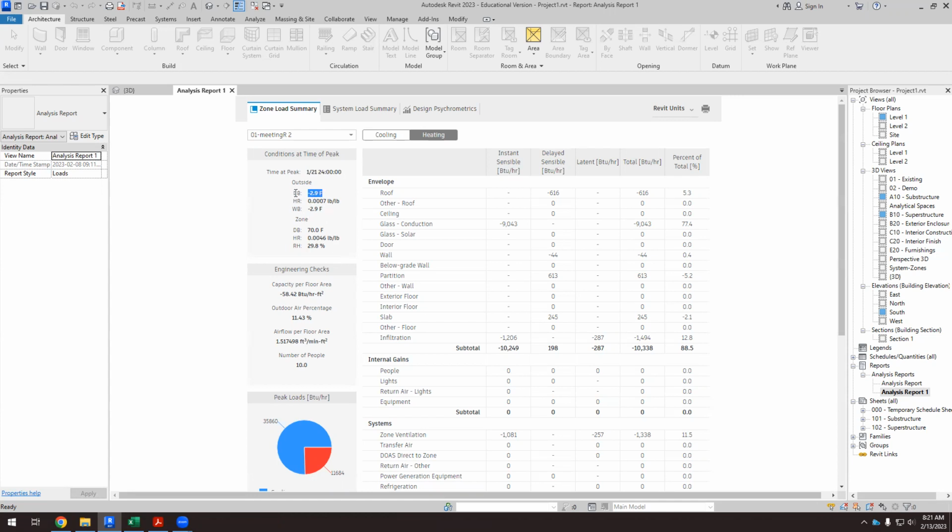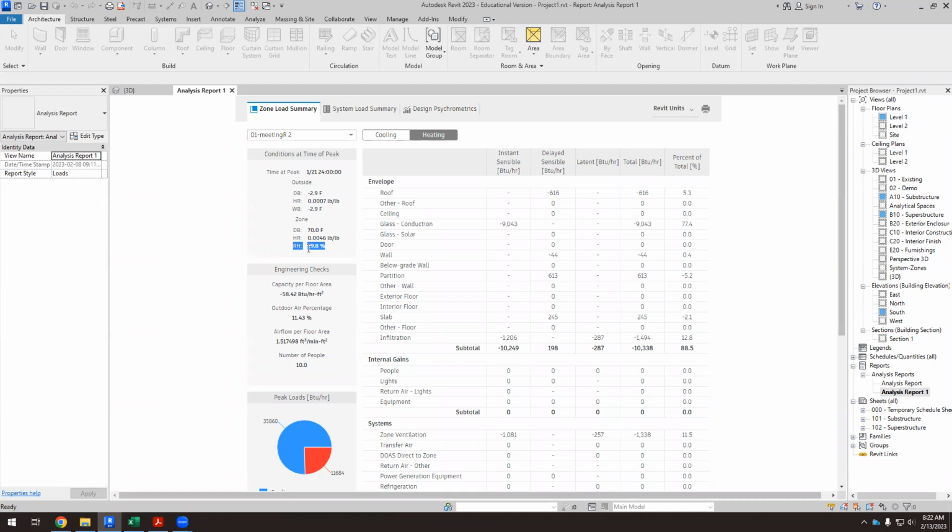You see, this is the dry bulb temperature, negative 2.9 Fahrenheit. And then the dry bulb temperature indoors is 70 Fahrenheit. If it's not 70, it will be 69 or 71. And then the indoor relative humidity is 29.8.